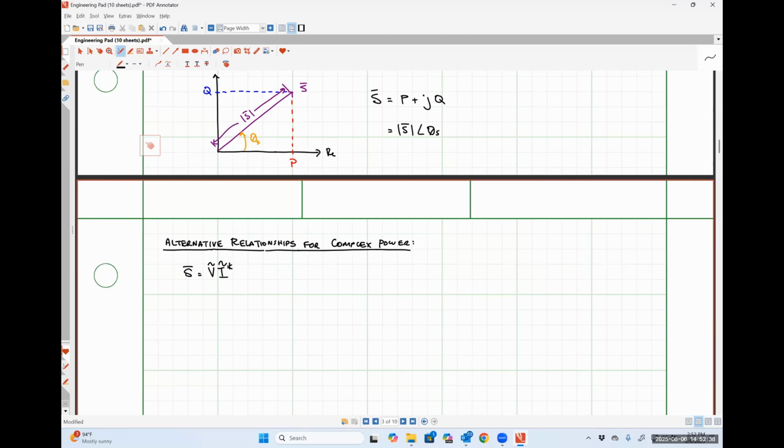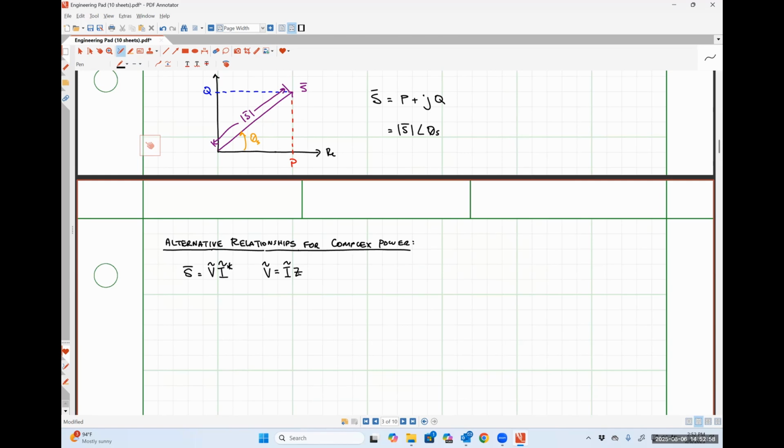And I hope you all can see pretty easily that Ohm's law in the RMS phasor domain should just be RMS phasor voltage is equal to RMS phasor current times impedance, right? So it's the exact same thing as Ohm's law in the regular frequency domain.